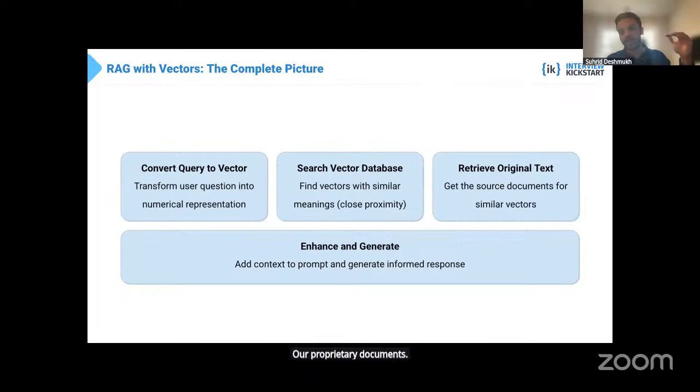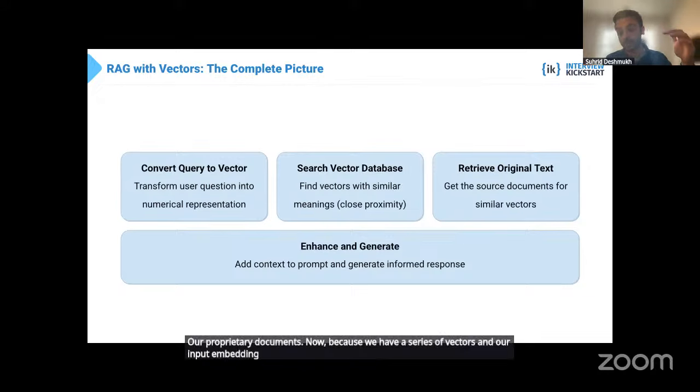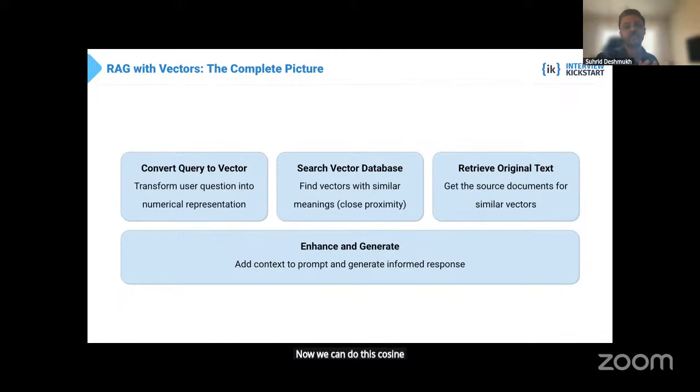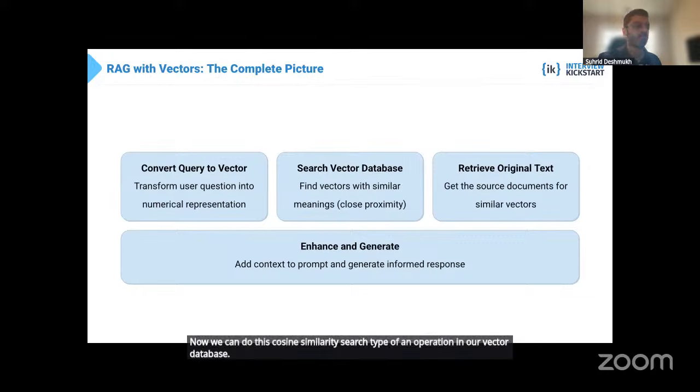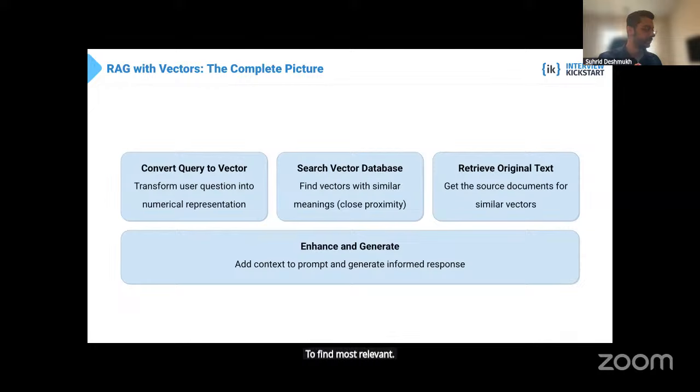Because we have also converted our input prompt to a vector embedding, now we can do this cosine similarity search operation in our vector database to find the most relevant documents associated with our input.